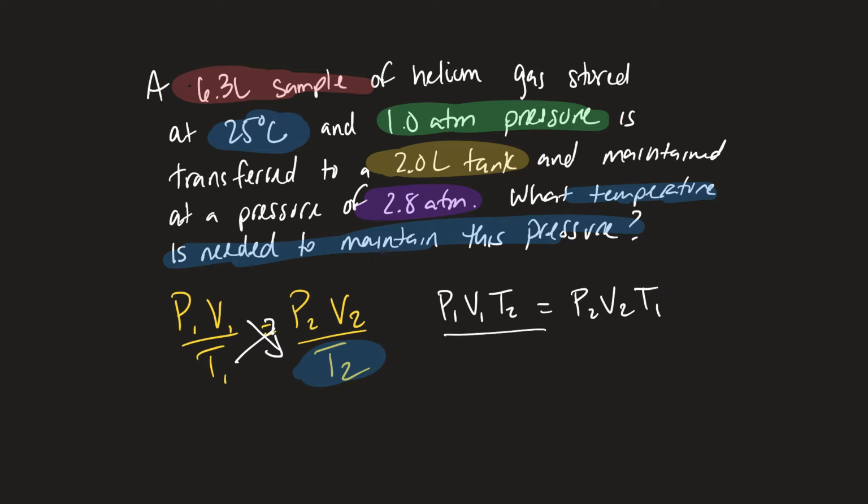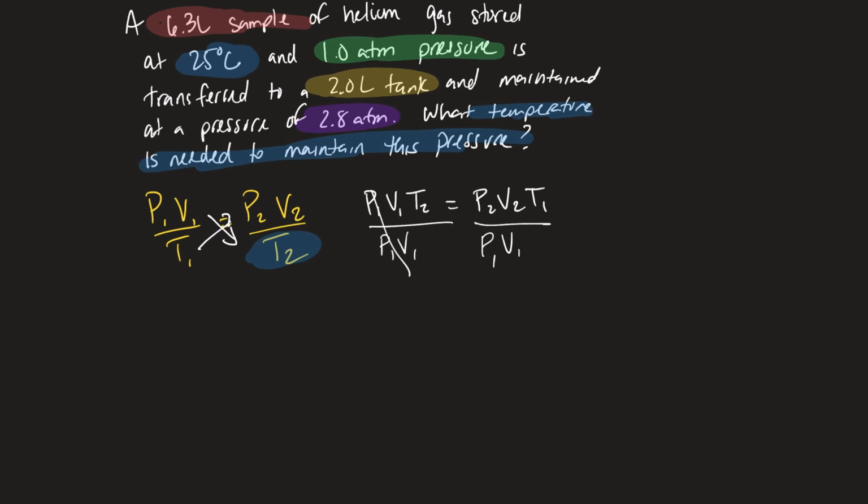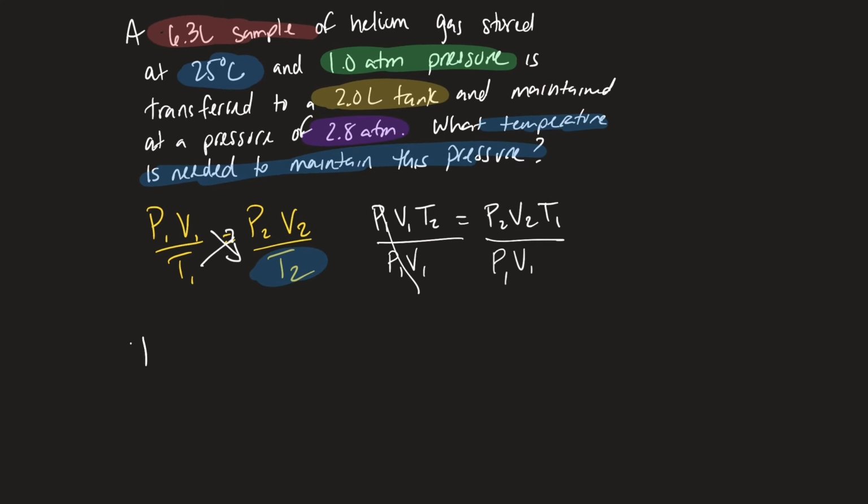All right, since I want T2 by itself, I'm going to divide out P1 V1 to the other side. All right, and so that way at the end, T2 is equal to P2 V2 T1 divided by P1 V1.